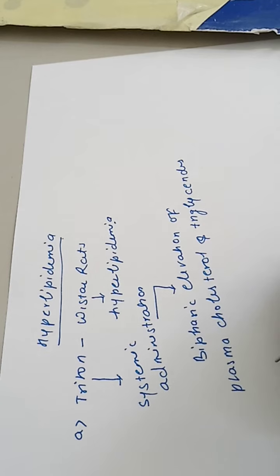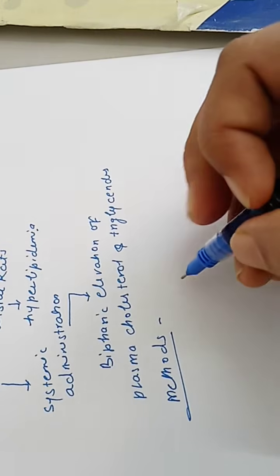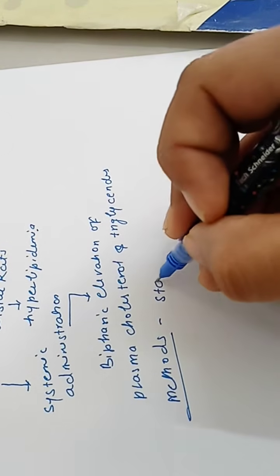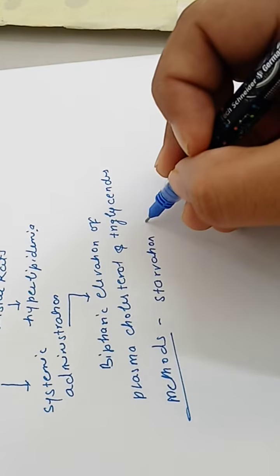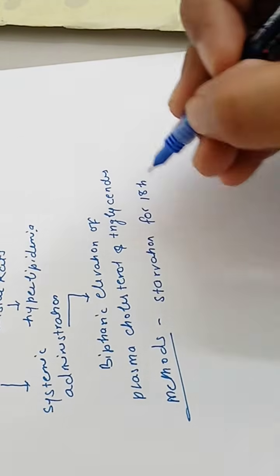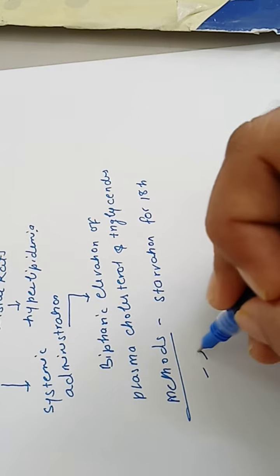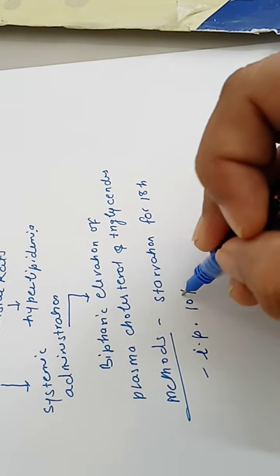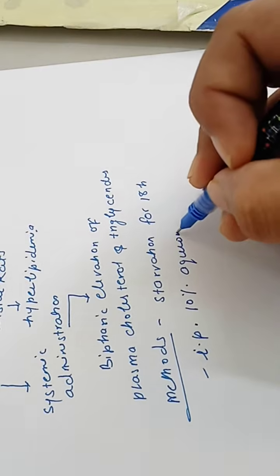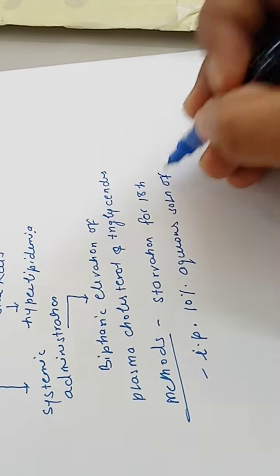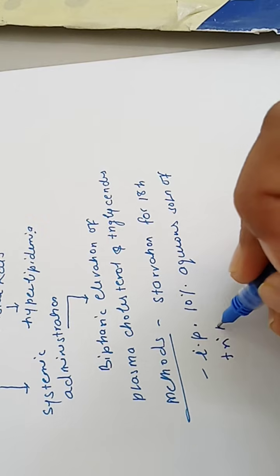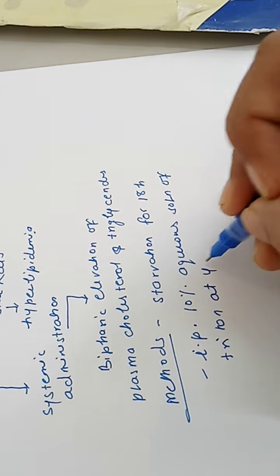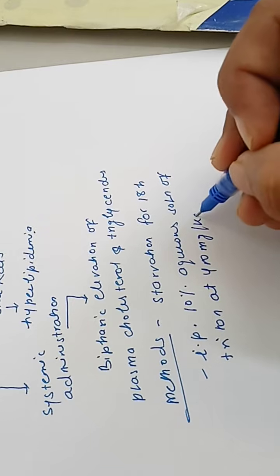The method is, first the animals are starved for 18 hours. If you write how Triton X induces hyperlipidemia, in the methods you can write: first starve the animals for 18 hours, then give IP a 10% aqueous solution of Triton at 400 mg per kg body weight.